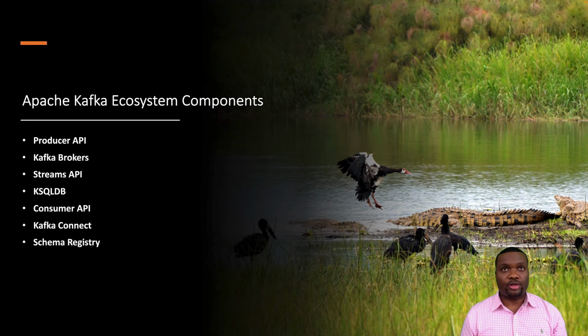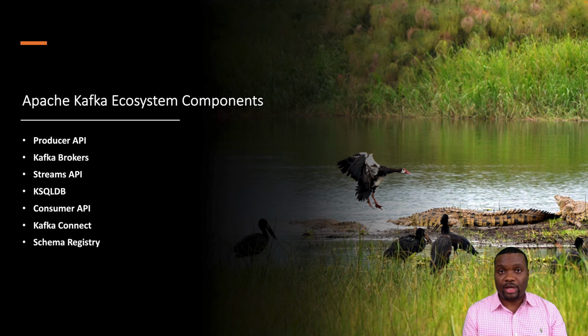Kafka supports multiple data formats. So we have the Avro format, we have JSON format, we have binary format, we have protobuf. All these different formats, you need something to keep track of the different data structures. Now, sometimes a particular data structure may evolve over time.